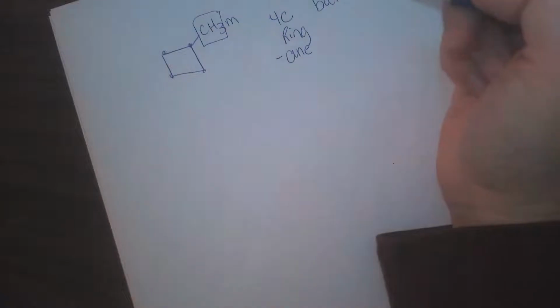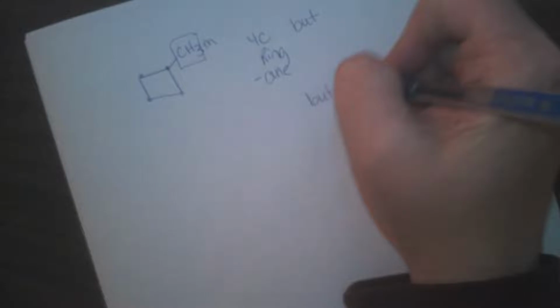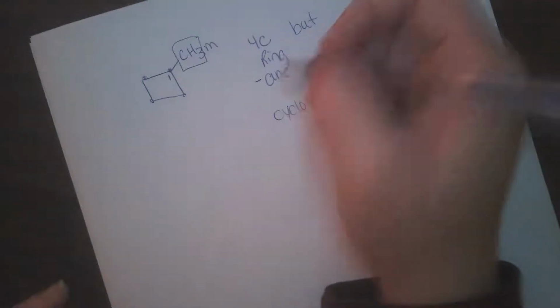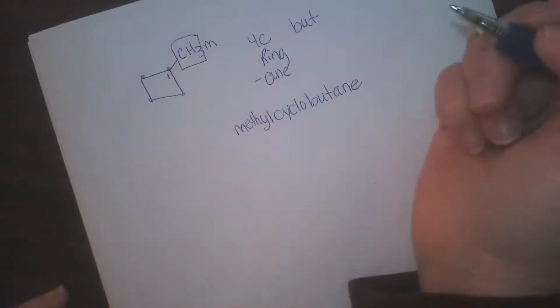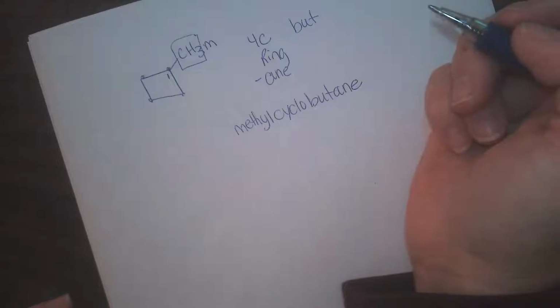And we have a methyl group off to the side. So 4 carbons is bute. There is only single bond, so it's going to end in an ane. So we know we've got butane. It's in a circle. It's cyclo. And we're going to start here on 1 because that's the shortest route to that one. So we've got methylcyclobutane. We don't need to put the 1 in because it obviously is going to start there.